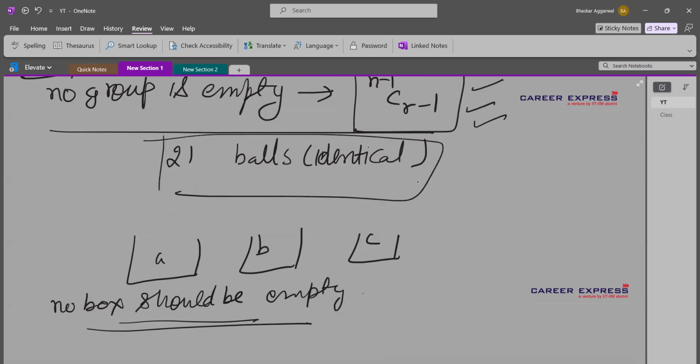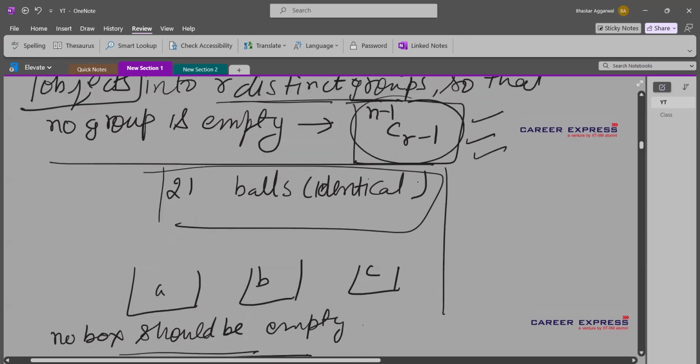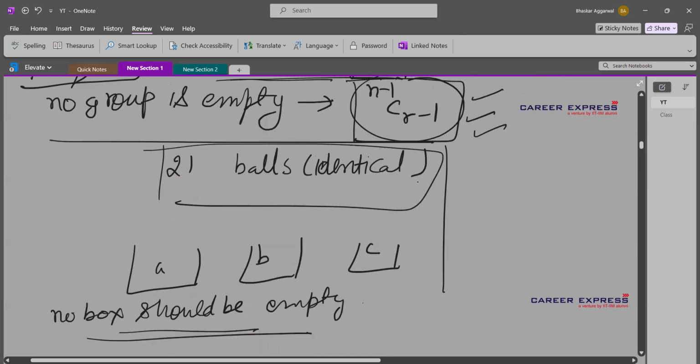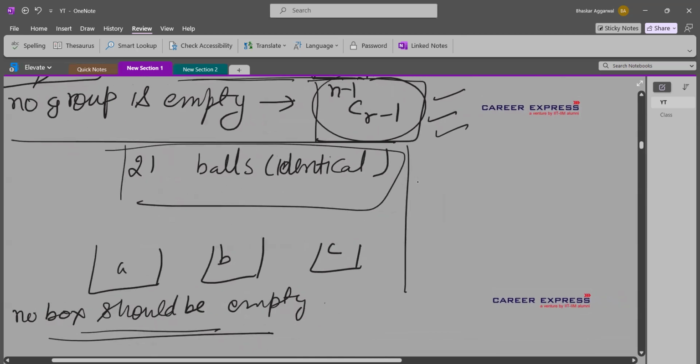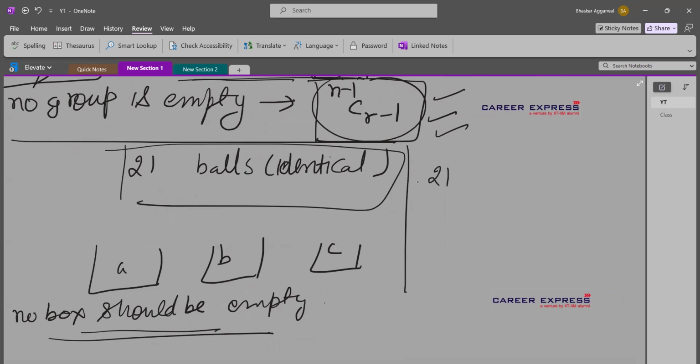In how many ways can we do that? I cannot derive this formula here. There is a derivation also, but that is beyond the scope of this question, so we will directly use this standard formula. The result will be 21 minus 1 C r minus 1. Here r is 3, since we are distributing into 3 groups, so 3 minus 1.